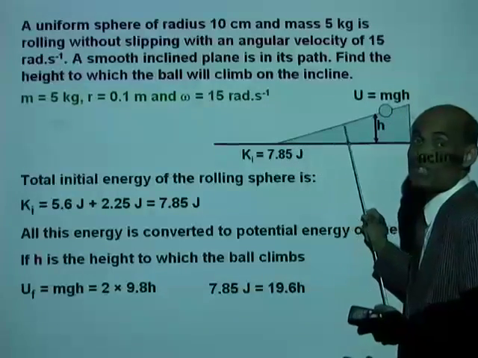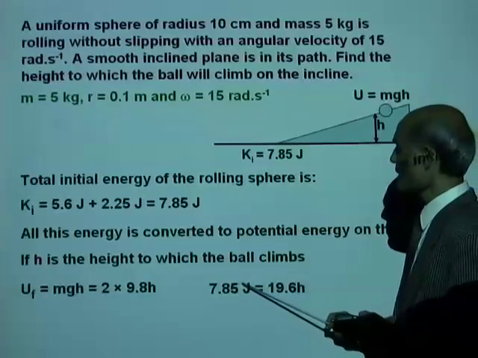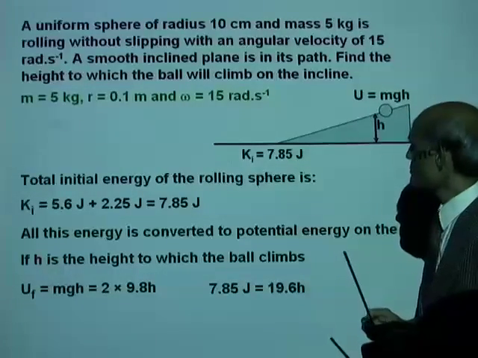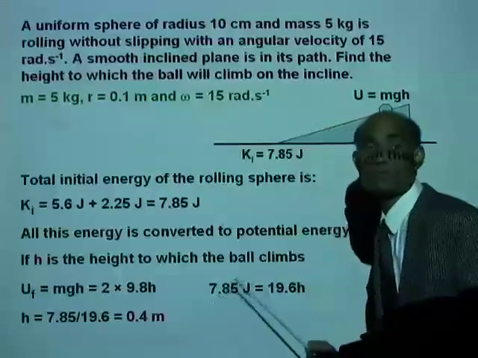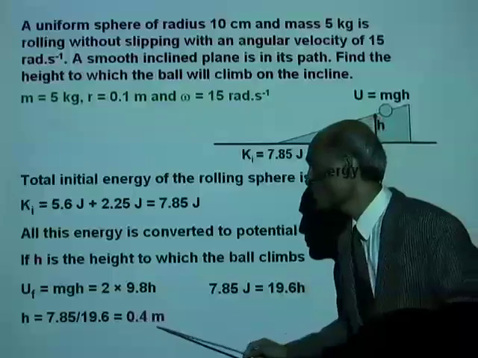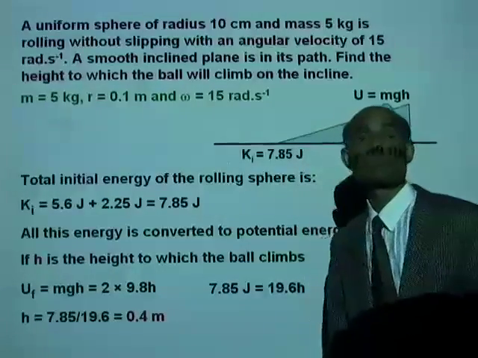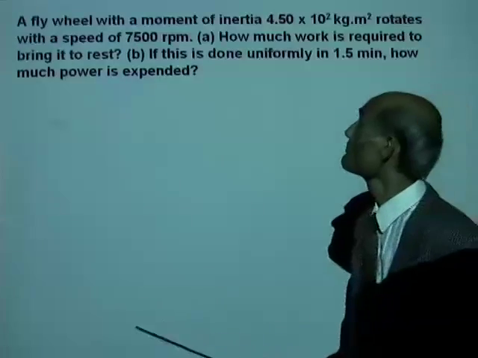All that energy is now used in gaining potential energy. So 7.85 joules equals 19.6 h. Therefore, h equals 7.85 divided by 19.6. That is 0.4 meter. Okay.